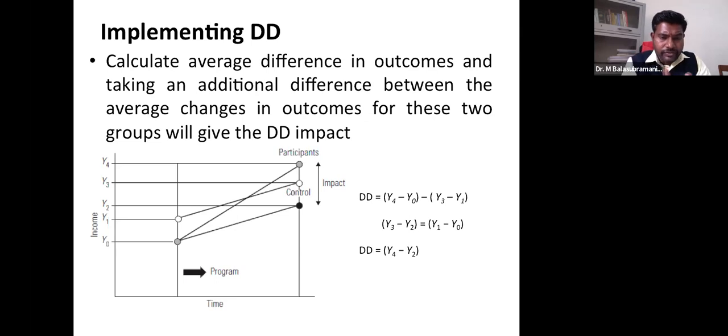The time factor indicates that the vertical line splits before the participation and after the participation, and what the level of their income is can be easily obtained. You see here that the lowermost line, y0, indicates the true counterfactual.